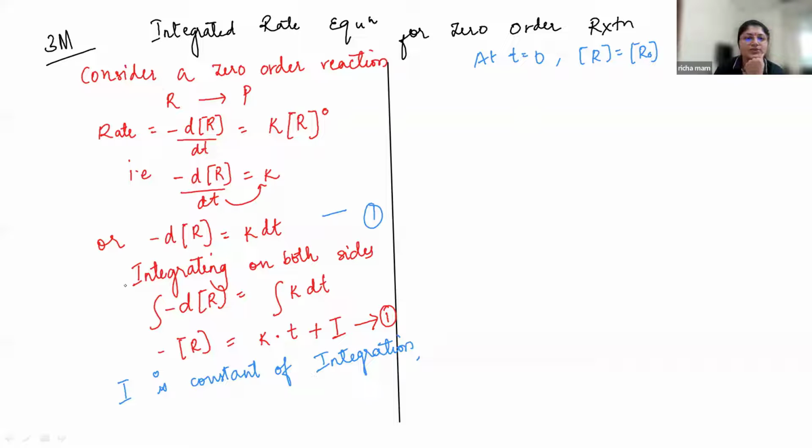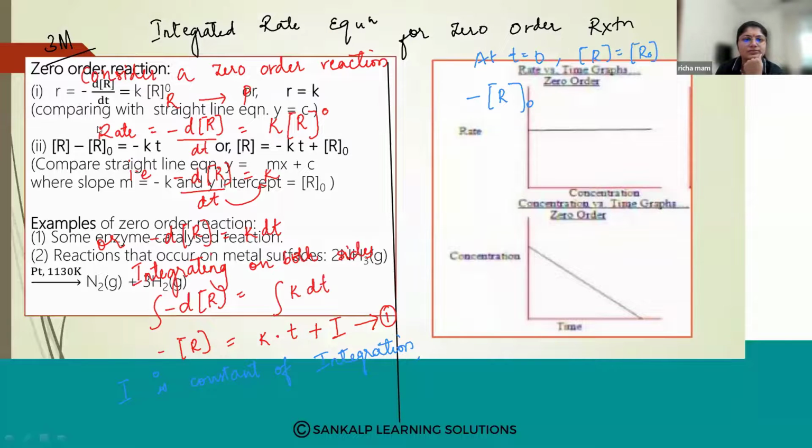So this is not equation 1. I have told you about marks here. So let us put the values in equation 1.